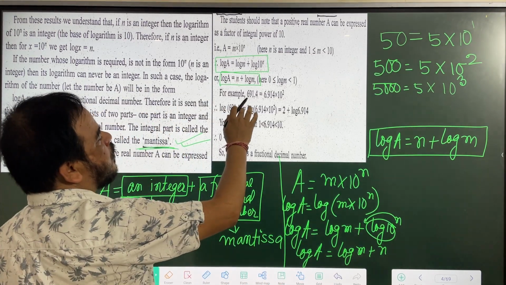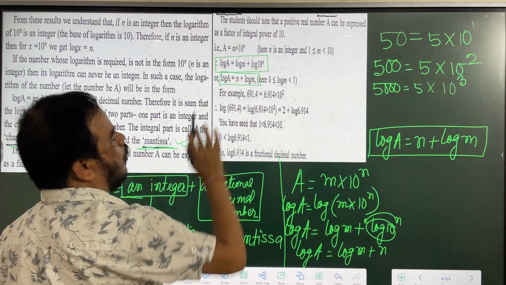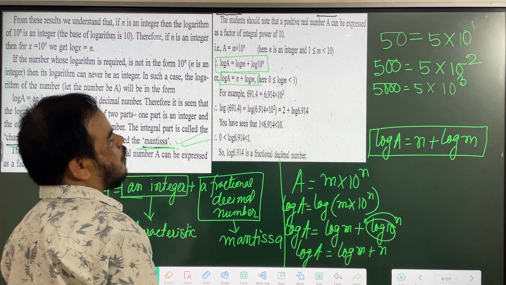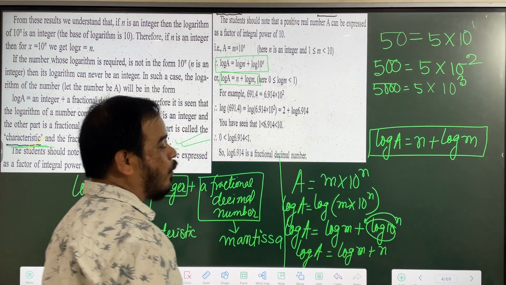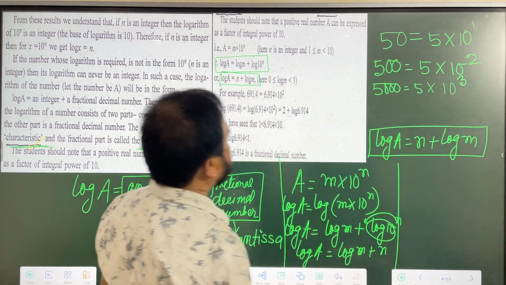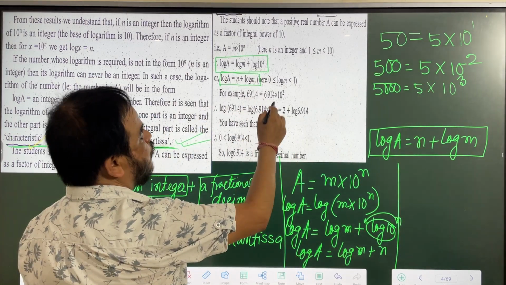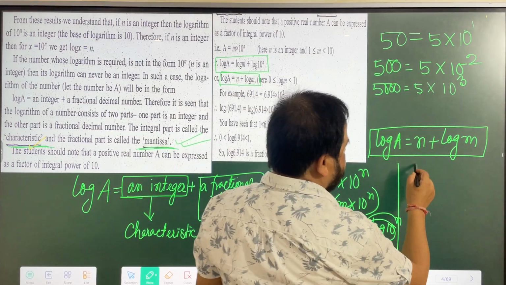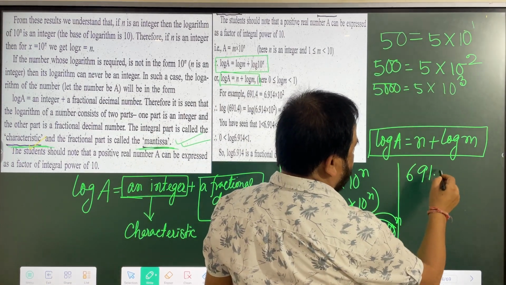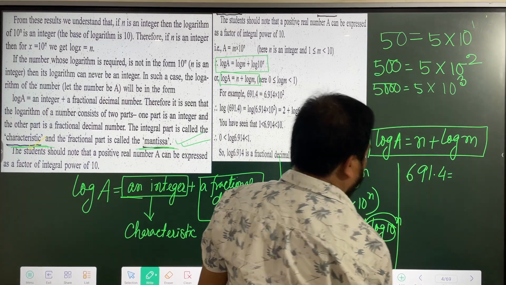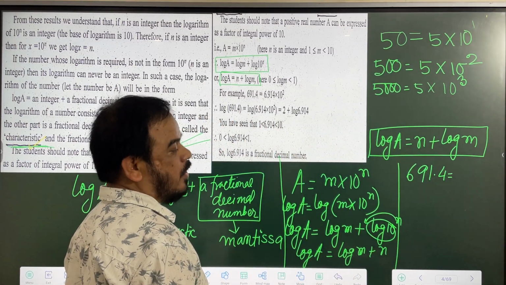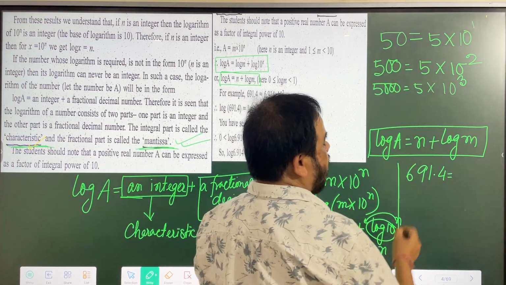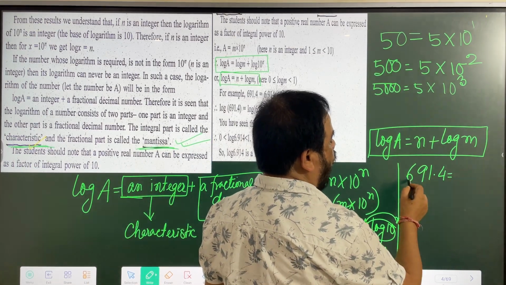So for example, 691.4 into 10 to the power 2. How can we write this in log now? 691.4. When we go for logarithm, we have to make it in standard form. Standard form means the decimal should be after one digit.